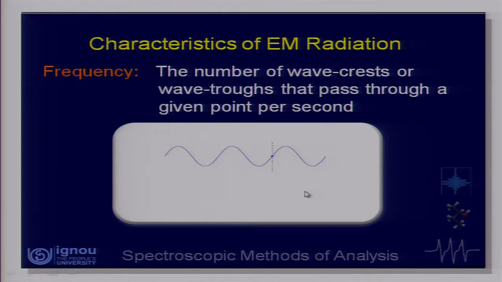But if I take a different wave of shorter wavelength, then I will find in the same time more waves will pass through that. That means this wave shown here in red will have a higher frequency than this wave shown in blue, which has a larger wavelength. So, what we see from here is that there is a relationship between the wavelength and the frequency. Larger the wavelength, smaller the frequency, and vice versa.